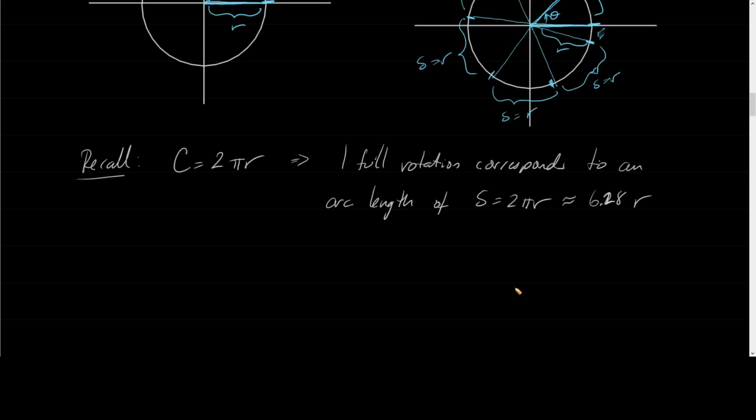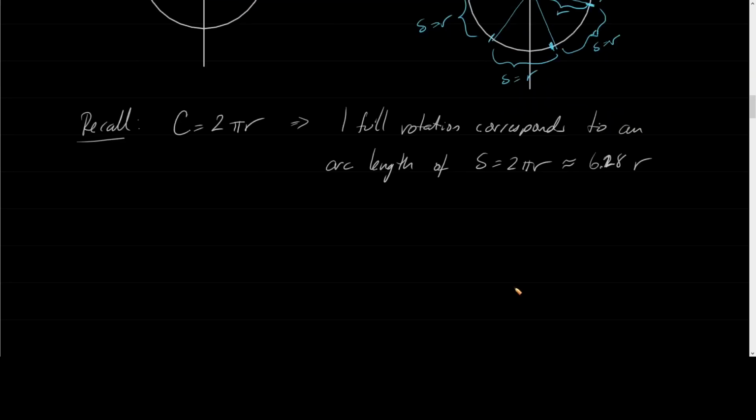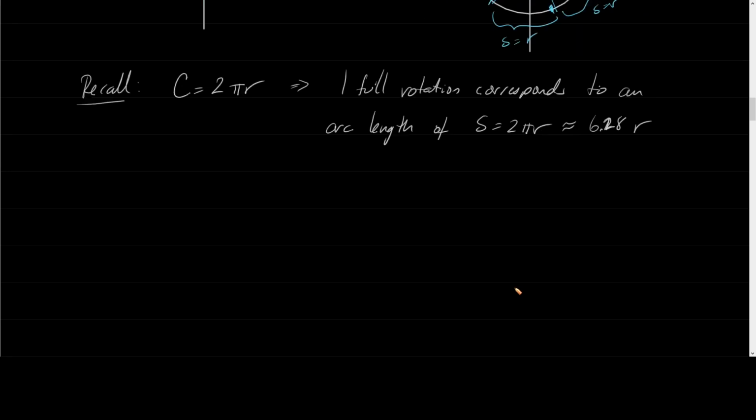Now, well, what does that imply? Let me rephrase this. Letting our radius equal 1, we get that the circumference would be equal to 2 pi.